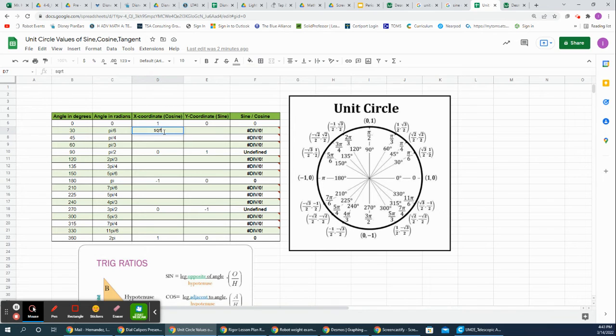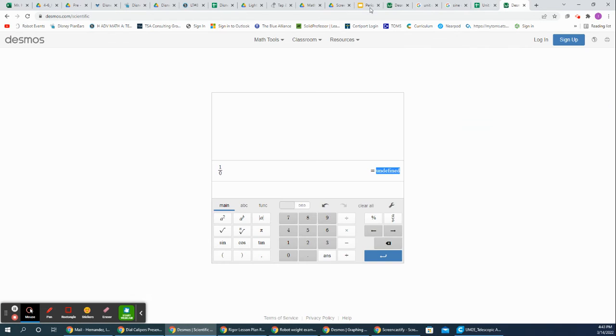No, I don't want you to do that. This is what I want you to do. You're going to go to Desmos, the scientific calculator, and you're going to say square root of 3, right? And then let's get out of the radical by moving to the right. And then over 2. This is where you are going to put your value, square root of 3 over 2.